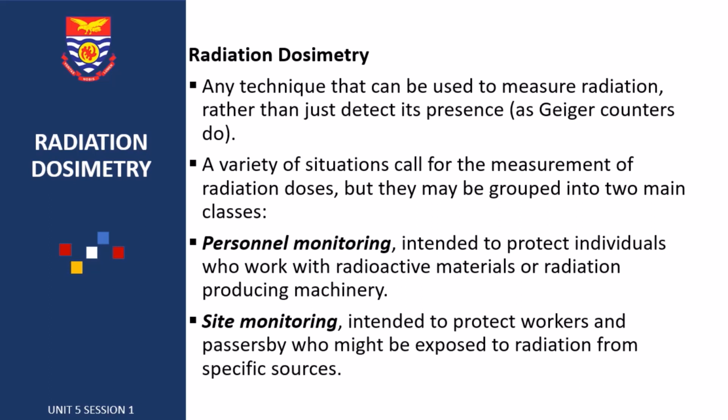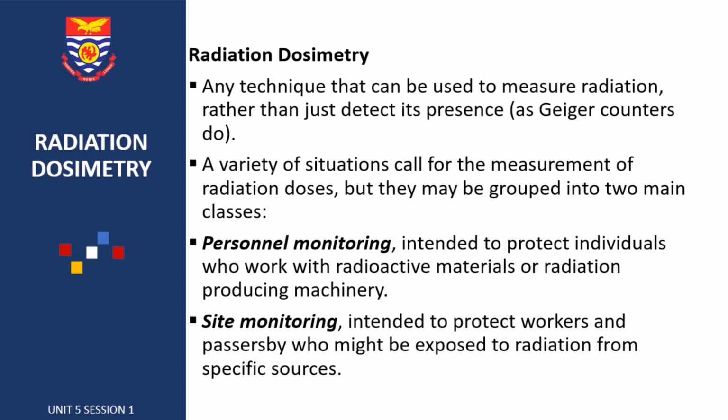The question we may ask ourselves is, why the need to measure these radioactive radiations? Or why do we have to measure these radiation doses? There are a variety of situations that call for this measurement, and we have grouped them into two main classes.